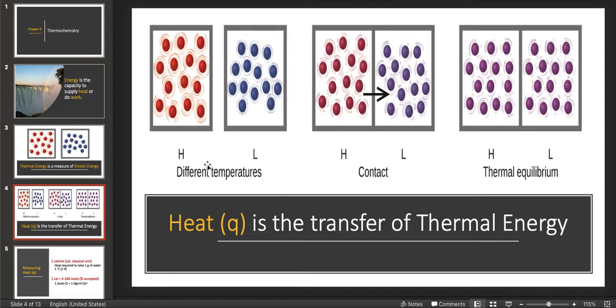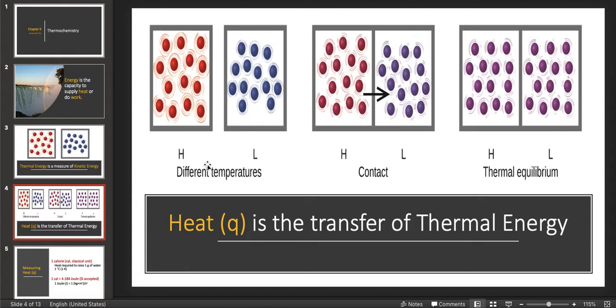So if I'm touching, let's say, a hot water bottle, well, I know that it's hot. And how do I know that? It's because its temperature is higher. As I touch it, I notice that it's hotter.